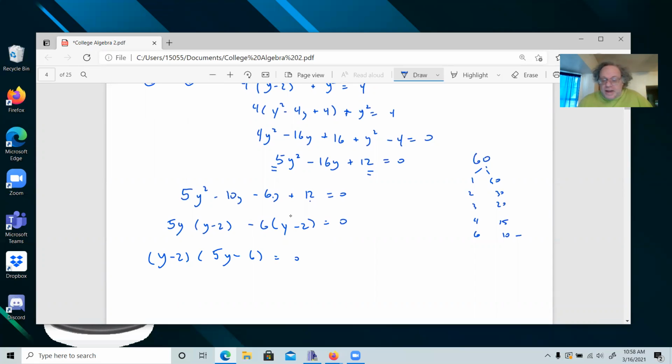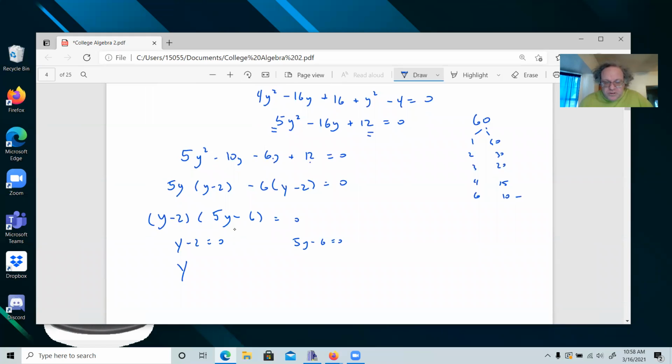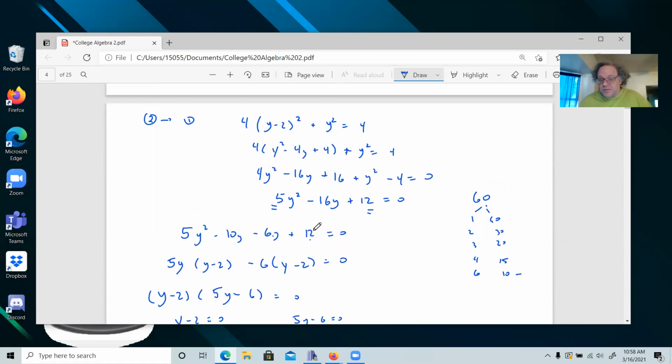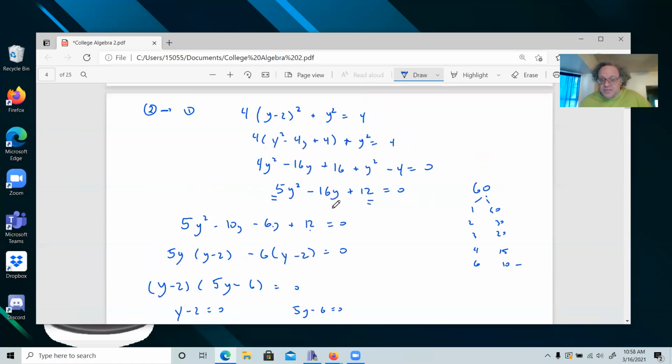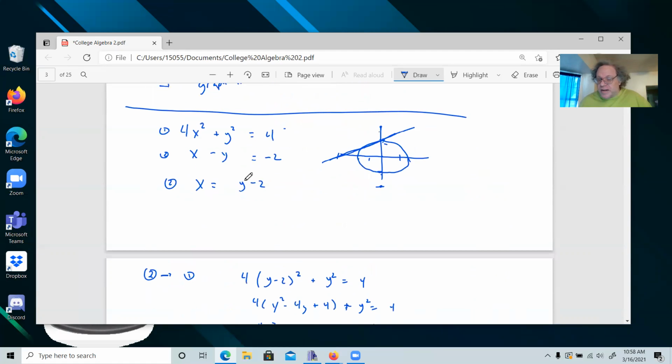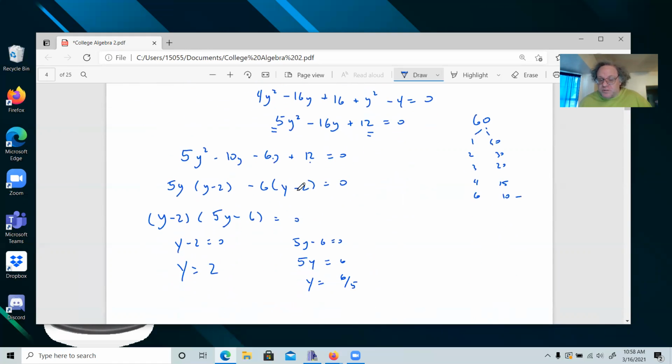And then we can just pull this apart. Y minus 2 equals 0, 5y minus 6 equals 0. So y is equal to 2, or 5y is equal to 6, or y is equal to 6 over 5. Now, we have two cases. We're going to take each of these cases, plug it back into what x could be, and those are going to be our solutions.